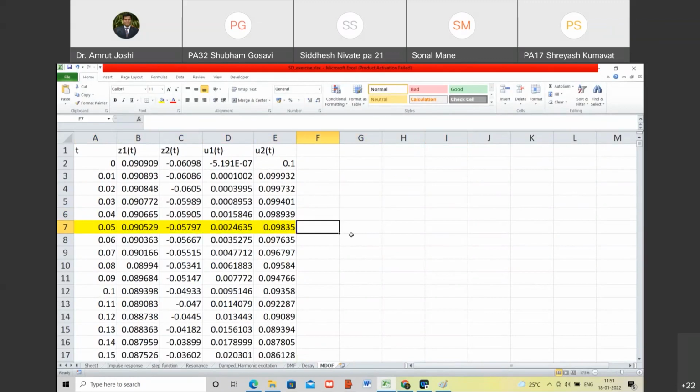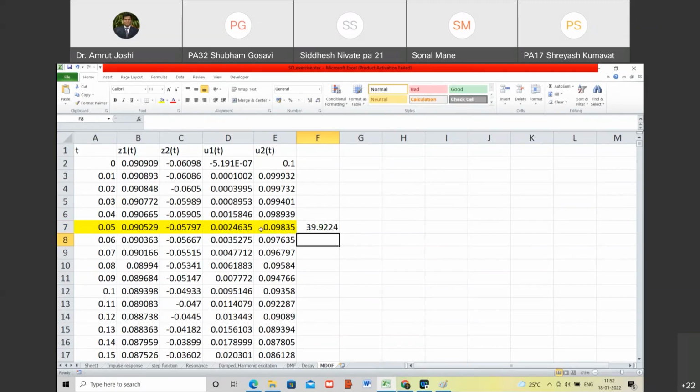Do you agree with me? Yes, sir. But what is the ratio? Let us take this divided by this. So by what ratio have they moved? So approximately 40 times. That means if u1 of t has moved by 1 mm, u2 of t would have moved by 40 mm almost. Do you agree with me?